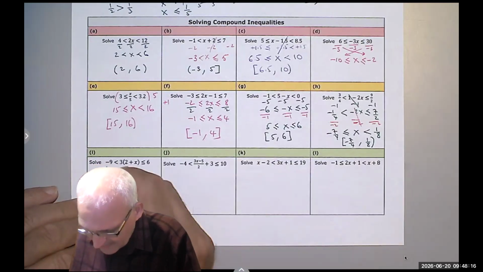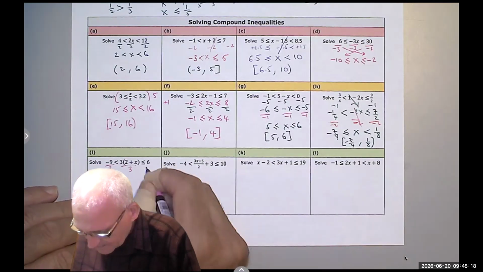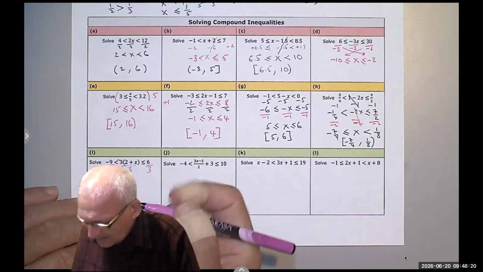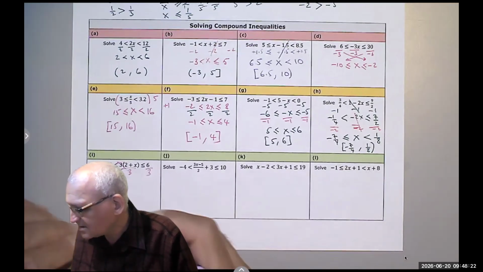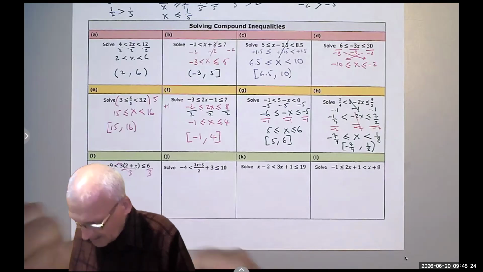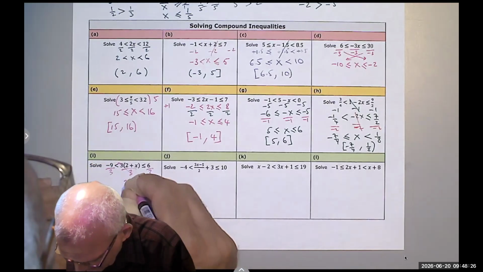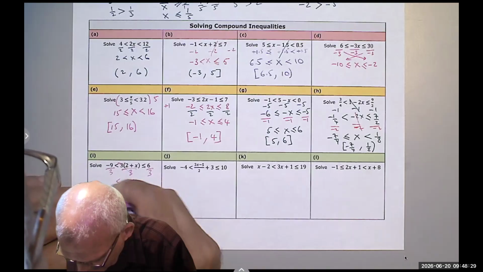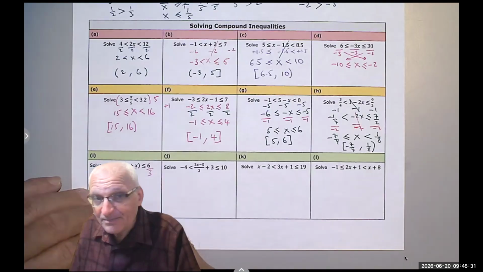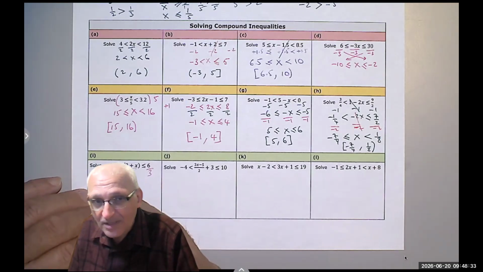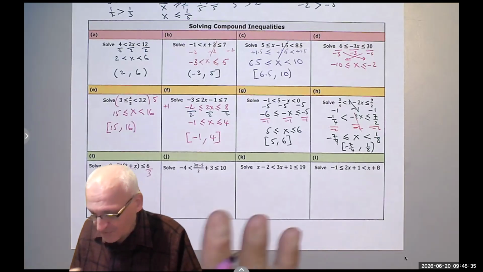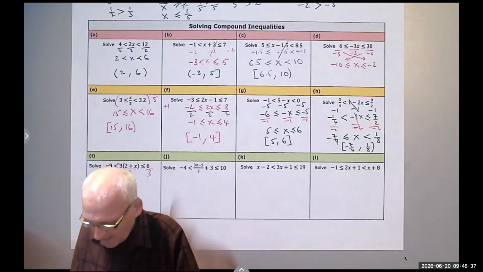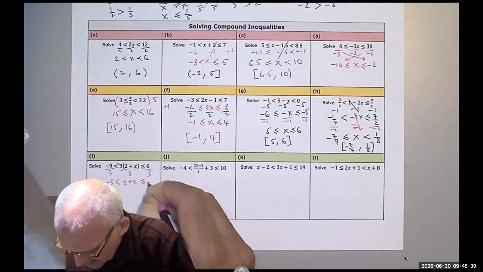Anyway, so I'm going to divide everything by 3. So I have 2 plus x in the middle, greater than -3. Notice I didn't divide by negative. It was negative to begin with. I just divided by a positive, so I don't mess up with the inequalities.